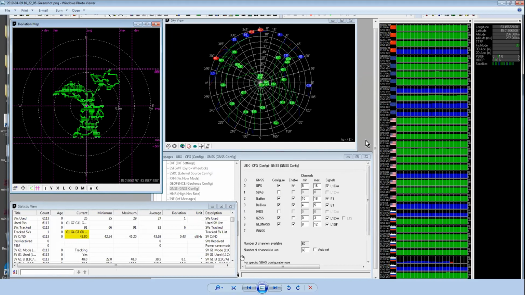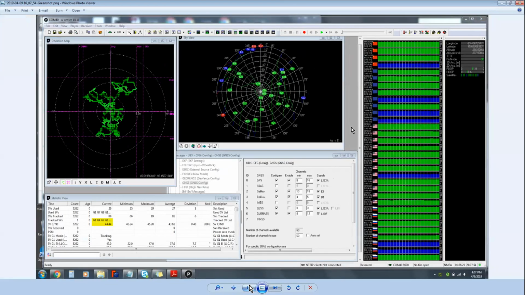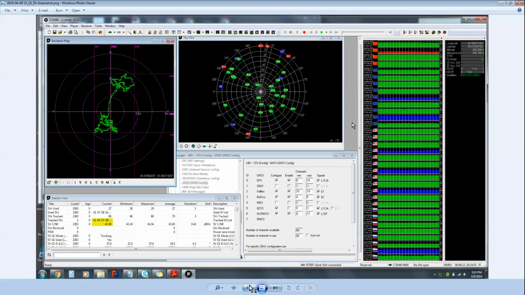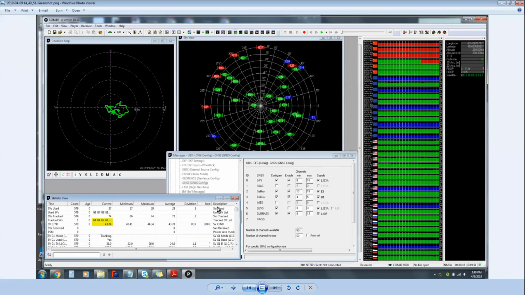If I back up here, you can see. But if you watch this pattern here on the side as I back up, you'll see it changing. As I back up in time, you can see it's working its way back to this point, and now we're back into the other run that I did.